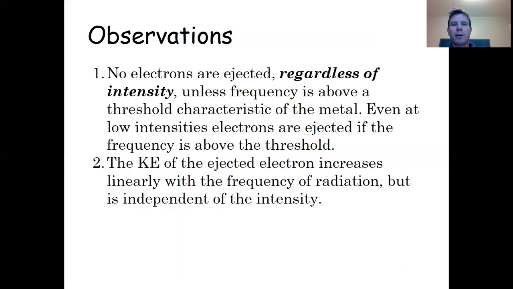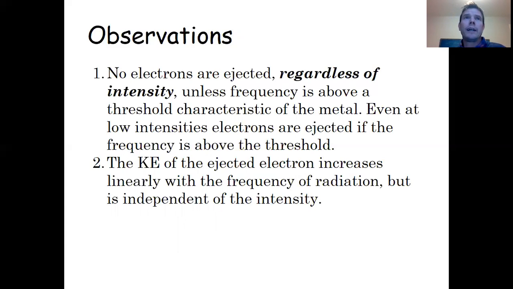Well, you go run the experiment, and here are the observations that are made. No electrons are ejected regardless of intensity unless the frequency of light is above some characteristic threshold. So I can dial up the intensity of light as high as I possibly want, and nothing happens unless the wavelength of light or the frequency is above some threshold.